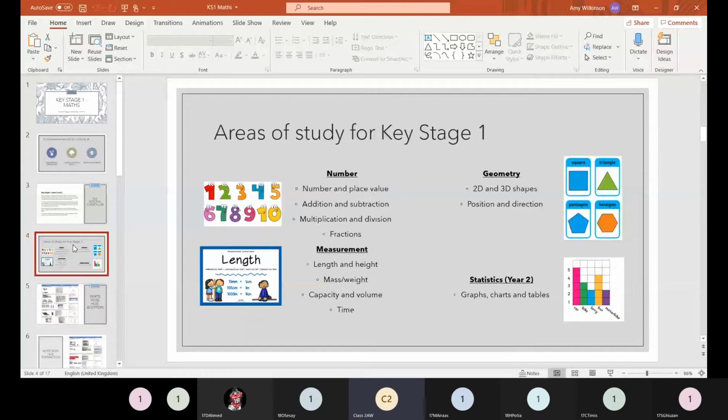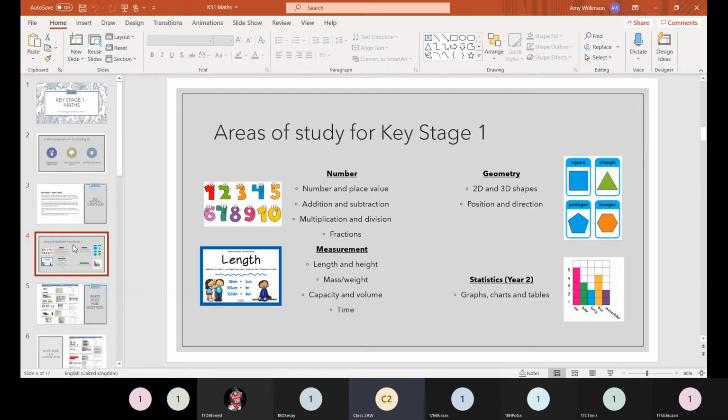Okay, the areas of study for Key Stage 1 are number, measurement, geometry, and statistics. Now, statistics is a real focus in year 2, but not as big a focus in year 1. Okay, within number falls number and place value, addition and subtraction, multiplication and division, and fractions.